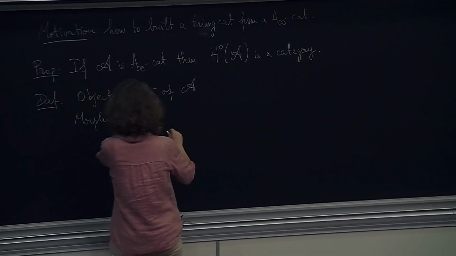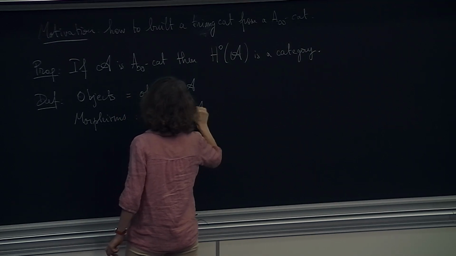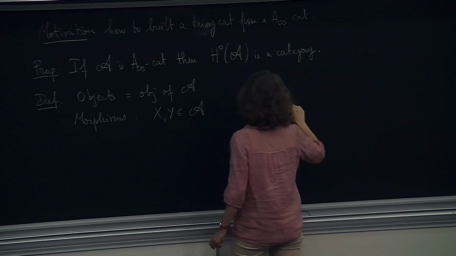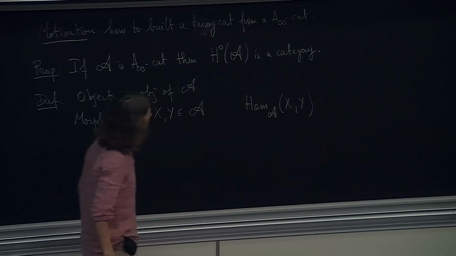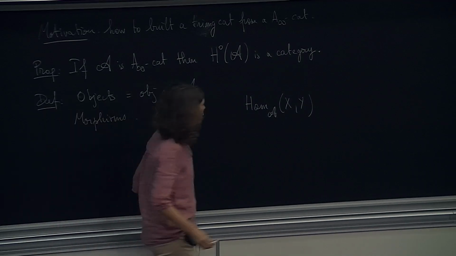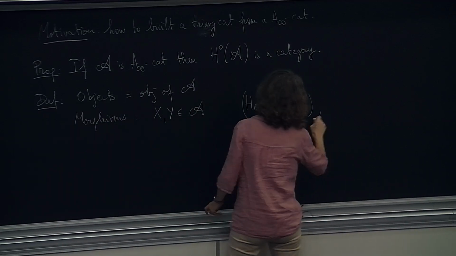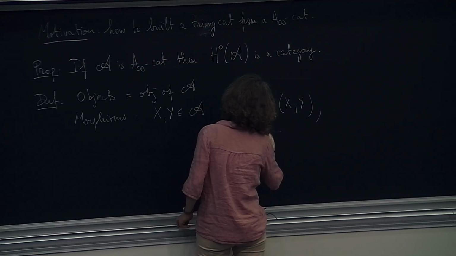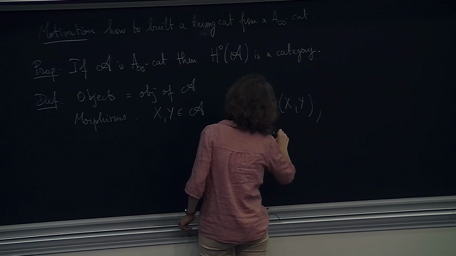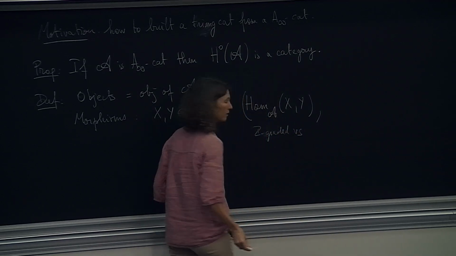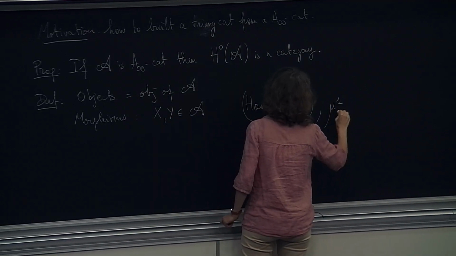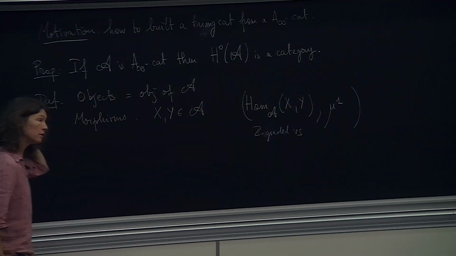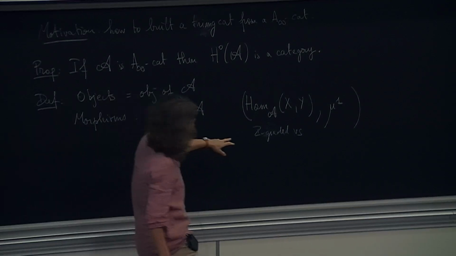So if I have two objects in A, I can consider the Hom space of X into Y, and this is a Z graded vector space over K, and I have mu1, and together with mu1, this is a complex of K vector spaces.